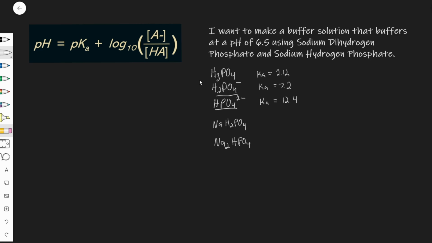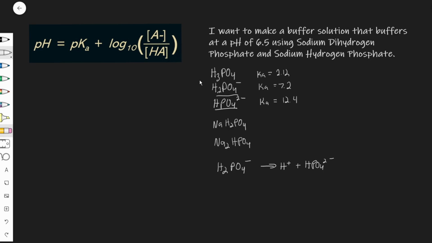And so how do you know which one is my acid and which one is my base? You're going to be working off of this reaction: H2PO4 minus is going to give us H plus and HPO4 2 minus. Now, in this situation, here is your acid.